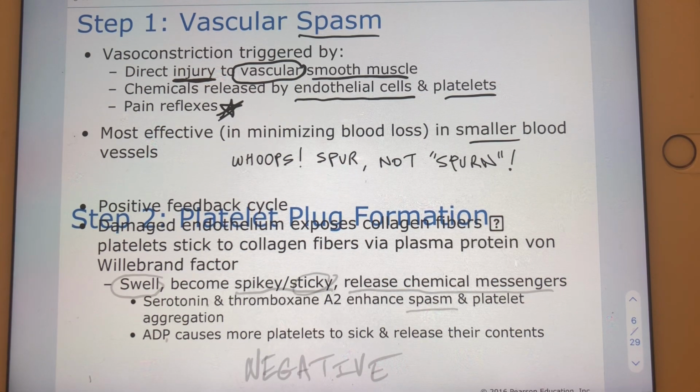And activated platelets get a bit bigger, they become more angular and therefore more sticky, and they release many of their contents, including serotonin, which will further promote vascular spasm, as well as help to make the platelets sticky. ADP also helps to make the platelets sticky.